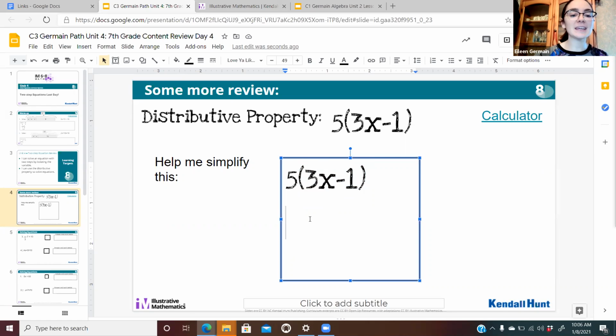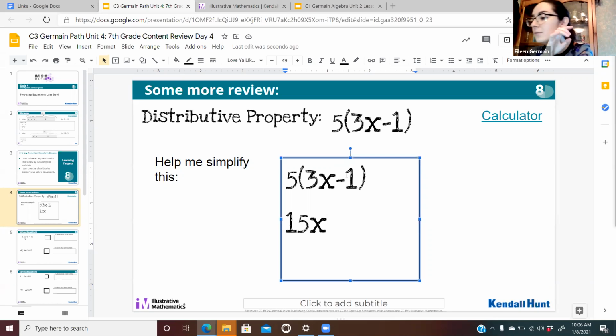And when I do that, I get 15x. You cannot forget to put the x on it and attach it. Then when we multiply, very good, Avery and Bridget. Now when we multiply 5 times -1, what do we get? We're not going to add them together though at the end, Avery. Very good.